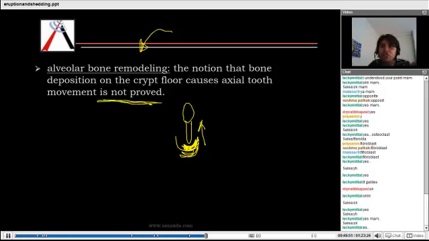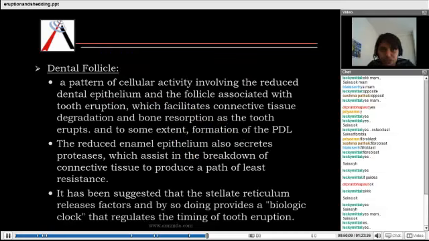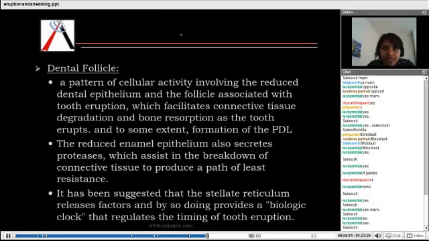Again, this theory is not proved. It is just a theory, and there is no proof, because they found that in some places there is bone deposition, but in many other places there is bone resorption. But teeth anyways erupt. Okay, so even this theory was not satisfied. Then there is a theory of dental follicle's role.